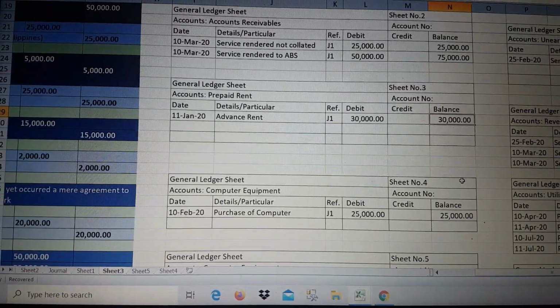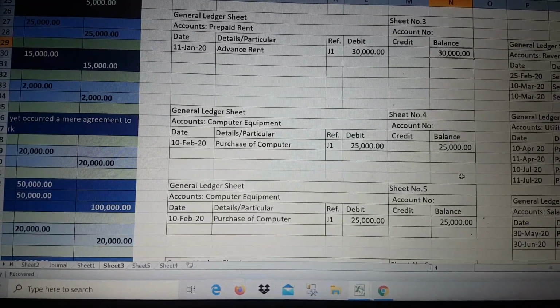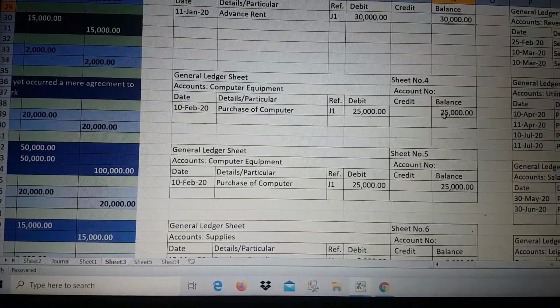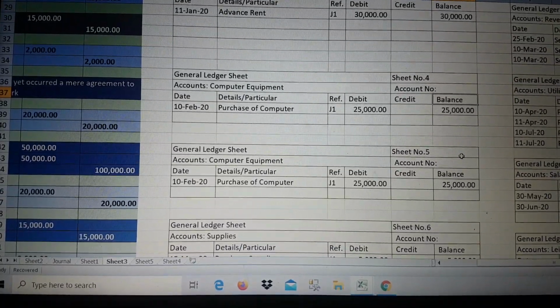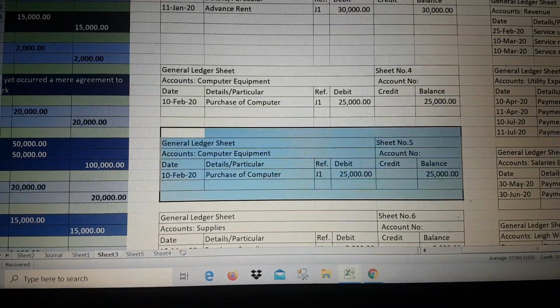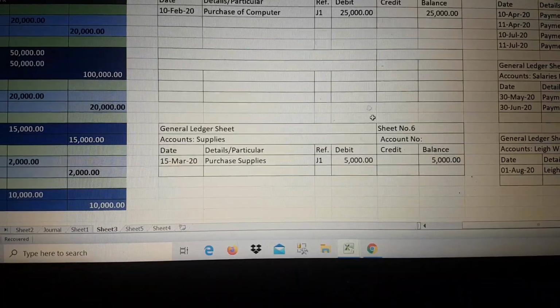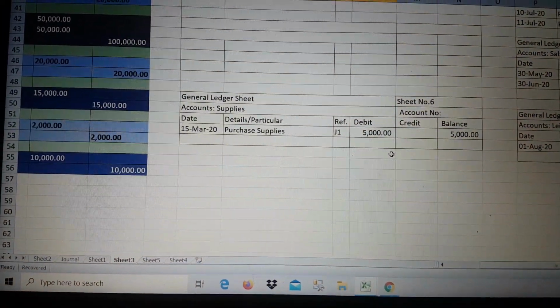And then for our computer equipment, we have 25,000. My apology, the duplicate one should be deleted. We only have one computer equipment, remember? Okay, next for the supplies, you have 50,000.